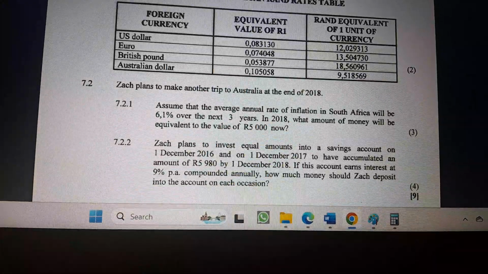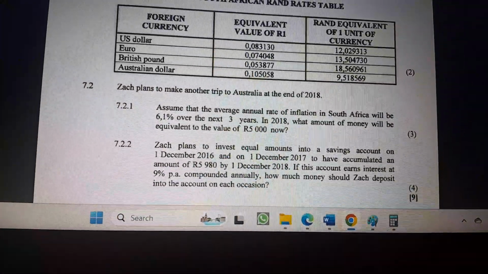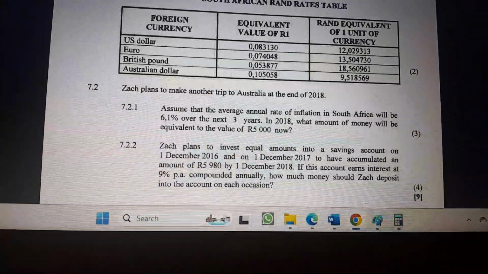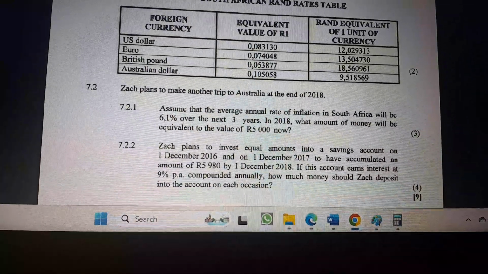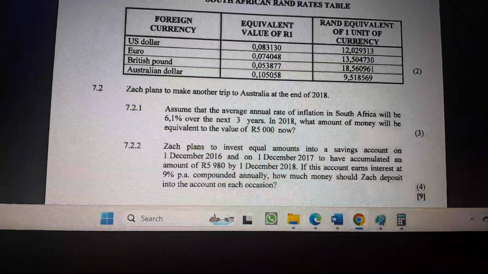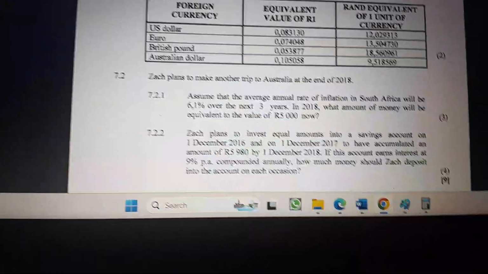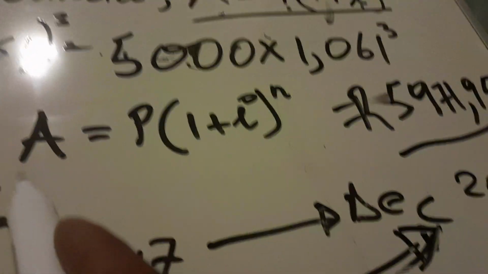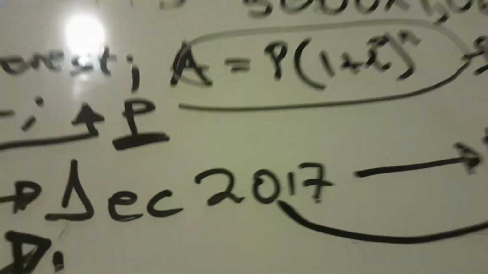If this account earns interest at 9% per annum compounded annually, how much money would Zach deposit in the account on each occasion, the installment that he is going to be paying? Now, here we are talking about compounded amounts, so we are still going to be using the compound interest formula, this one here.